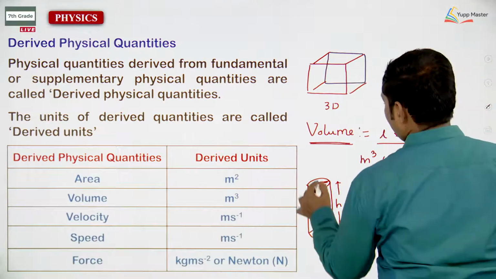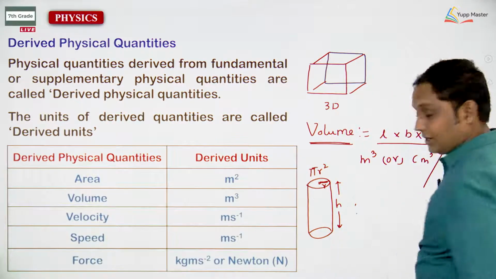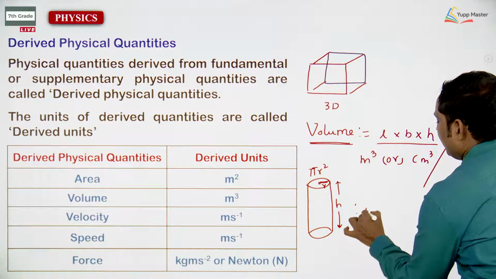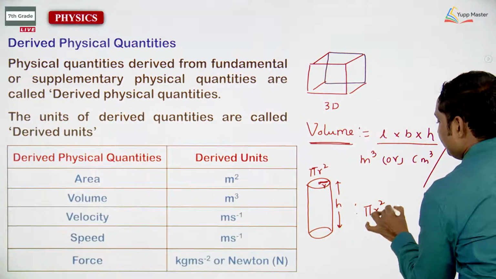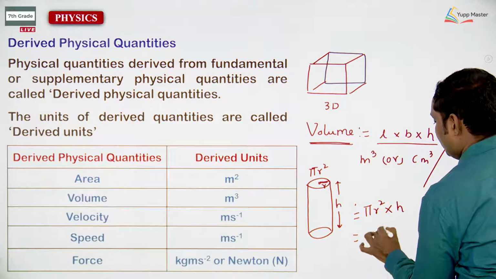Let's see, this area is going to be pi r square, right. Now if you multiply by the height, that is pi r square into h, that gives the volume of the cylinder.